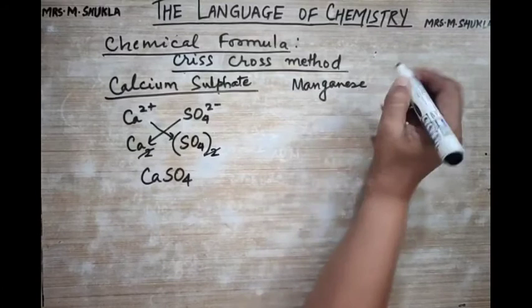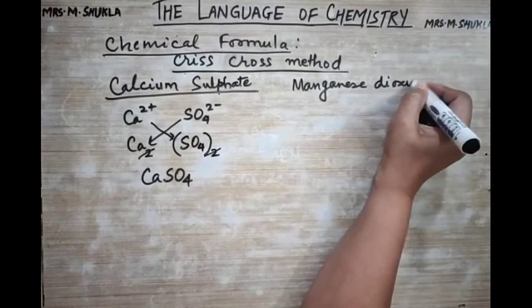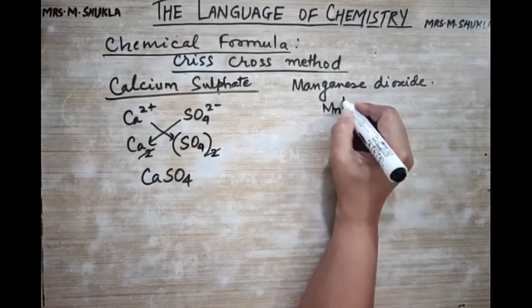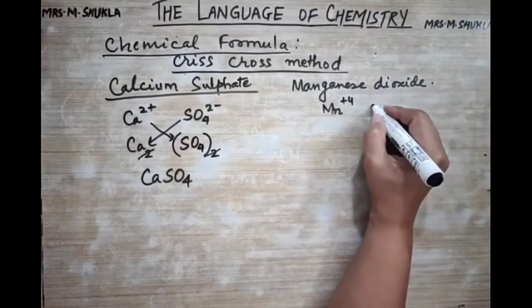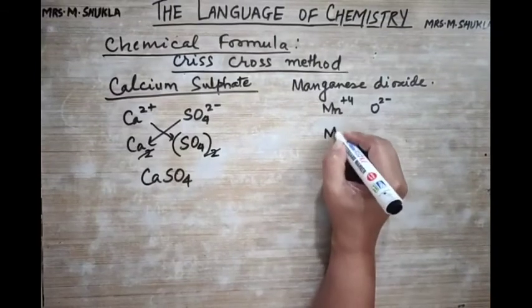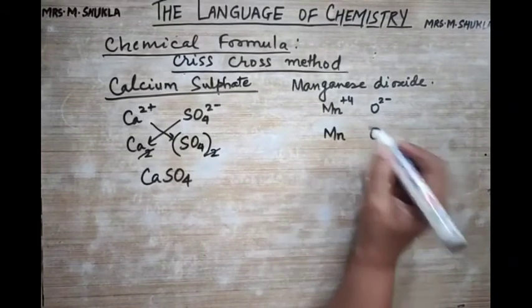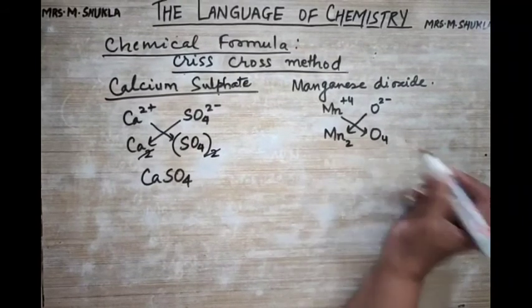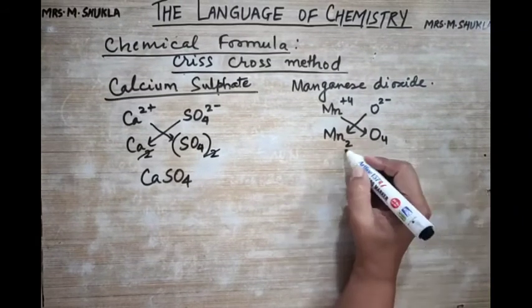Let's talk about manganese dioxide. Okay, manganese Mn plus 4, oxide O 2 minus. What do we do? Copy down, crisscross, 2 here, 4 here, right? What can I do?